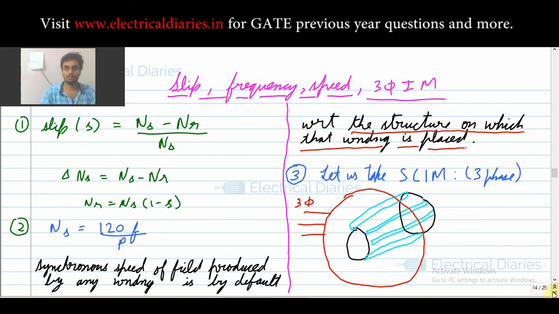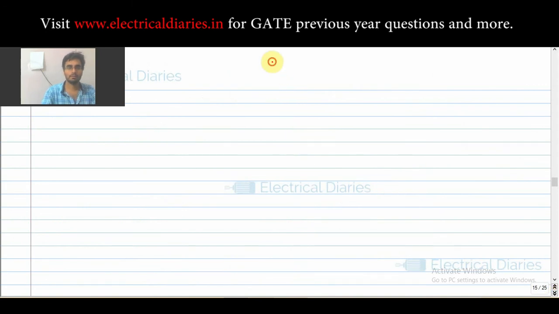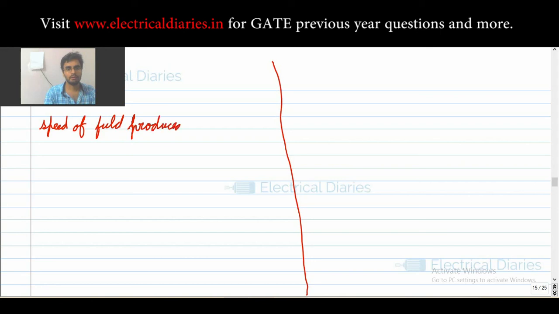So I will write these statements for your clarity. First statement: the speed of the field produced by the stator winding is equal to, let us say, ns, and it is given by 120 fs by P, where fs is the frequency of the stator current, because due to that current the flux is produced in those windings.